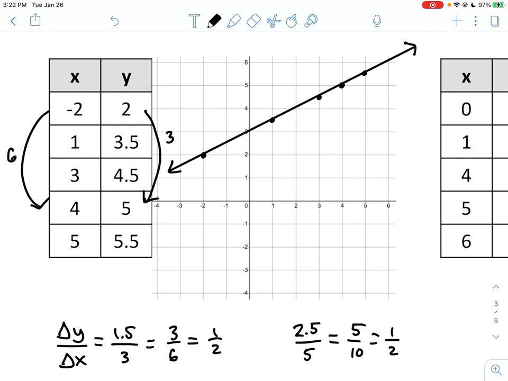Go from negative 2 to 4, that's a gain of 6. Do rise over run, 3 over 6, that's a half. Check, that works. Negative 2 to 5 is a gain of 7. 2 to 5.5 is a gain of 3.5. And 3.5 divided by 7 is, again, going to be 1/2. If you verify that all of these make the same slope, then it must be that all of these are collinear with this first point, which means that any other pairing, they're going to be collinear.